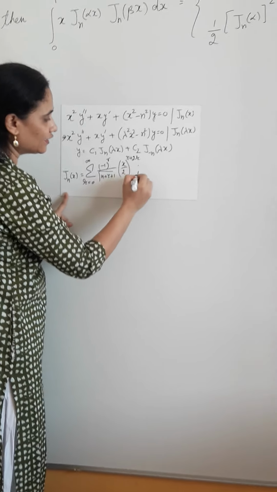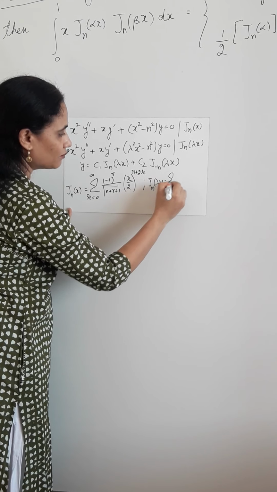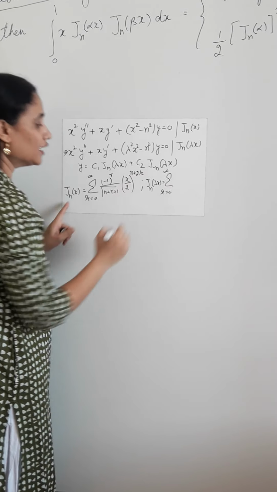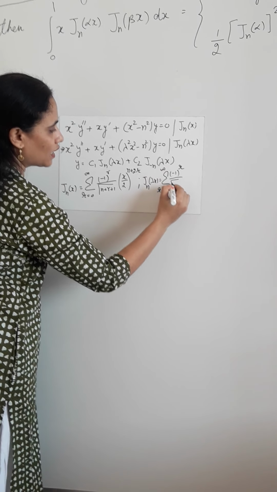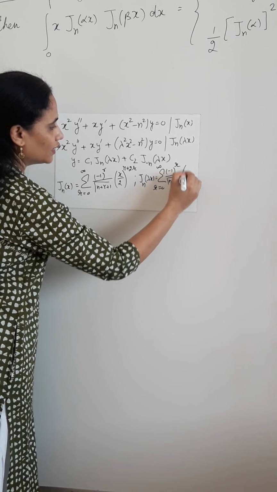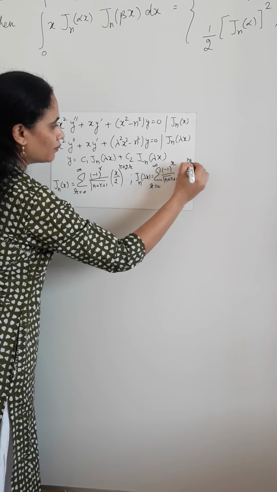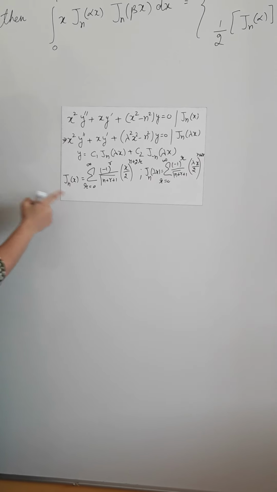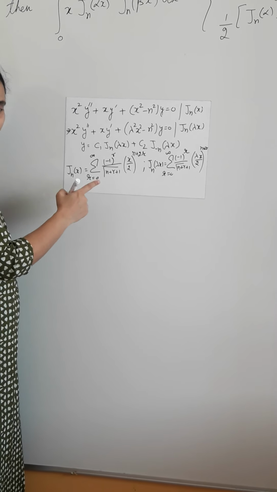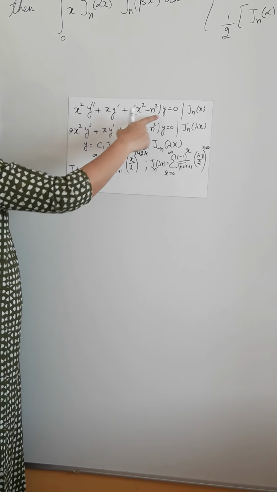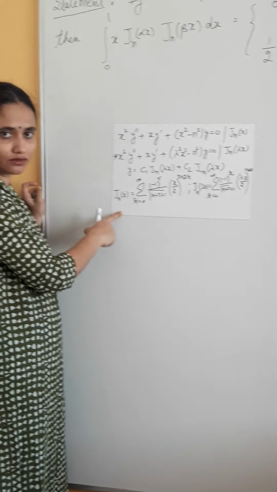So if I have to write the value for Jn(lambda x), since we are changing x, the other values remain the same: summation over r of (minus 1) power r divided by gamma of (n plus r plus 1), and now x becomes lambda x by 2 whole power (n plus 2r). So this is the generalization of Bessel's equation, and accordingly the Bessel function also we have generalized. Whatever equation is given in this form, we can accordingly write the solution for that particular equation.